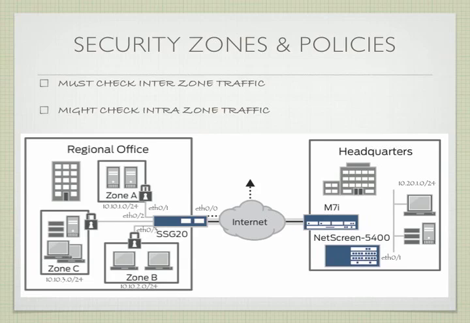If that zone is set up on the SSG20 in the regional office to be in either Zone A, Zone B, or Zone C, so that from the perspective of the SSG20 it's the same zone as one of these other zones, then all that traffic that's going to come from Zone A to headquarters zone will have to go through the SSG20, and therefore you can write a Zone A to Zone A intra-zone policy that will always apply to the traffic making that trip.